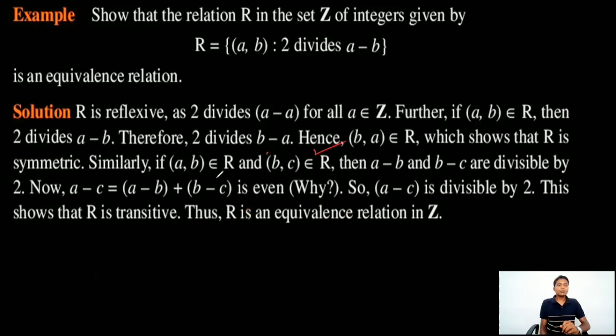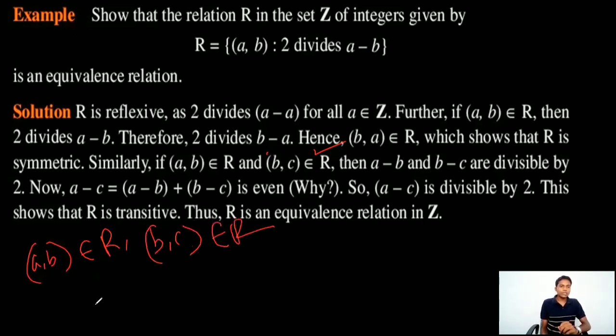Now coming to equivalence relation. Suppose a comma b belongs to R and b comma c belongs to R. That means a minus b is divisible by 2 and b minus c is divisible by 2. So we can easily say that a minus c is divisible by 2, if we add them.